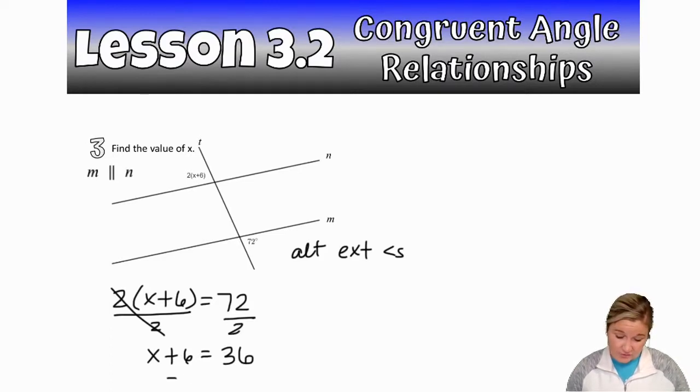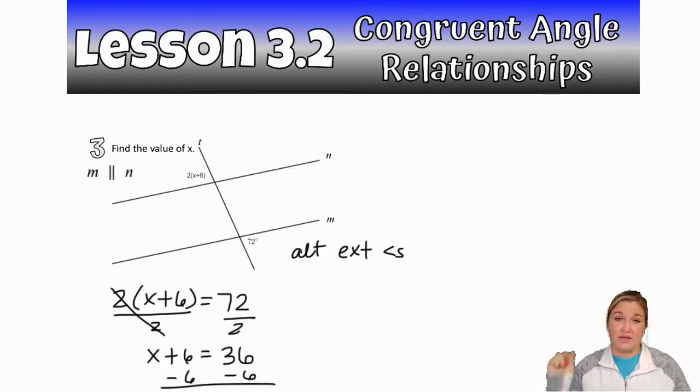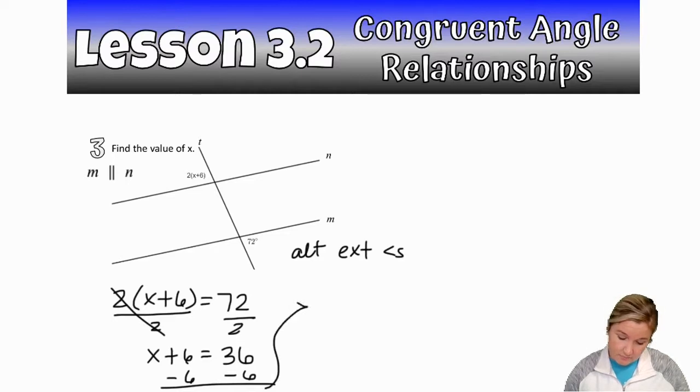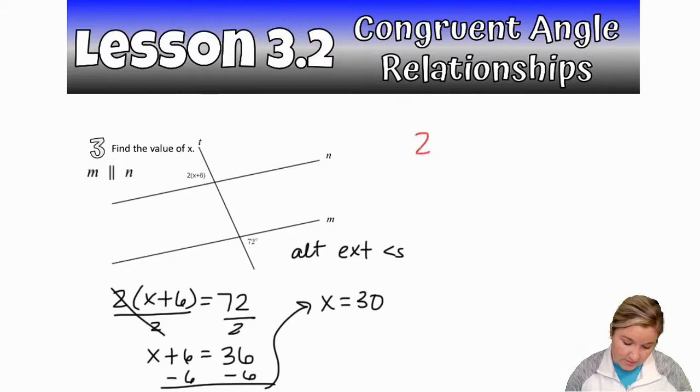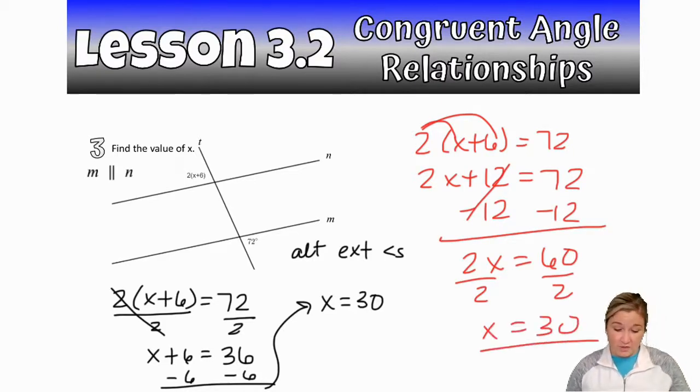And then I subtract 6 from each side. Man, that was so much easier than distributing and then subtracting and then dividing. So I think it's easier, but you don't have to do it that way. x is equal to 30. The other way, I'm just going to work that out real quick so that you can see how that can be worked out as well, and you get the same answer. So there you go. You would distribute first, then subtract, then divide. And so it's up to you, your preference, on how you'd like to solve that.